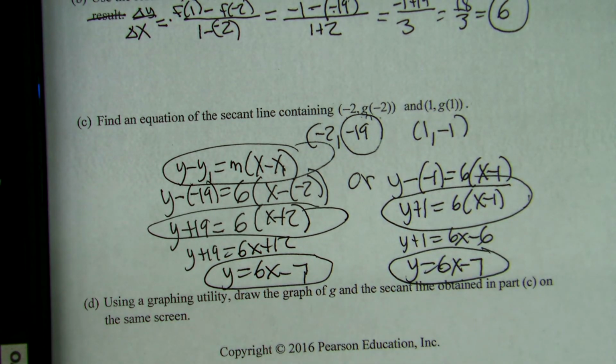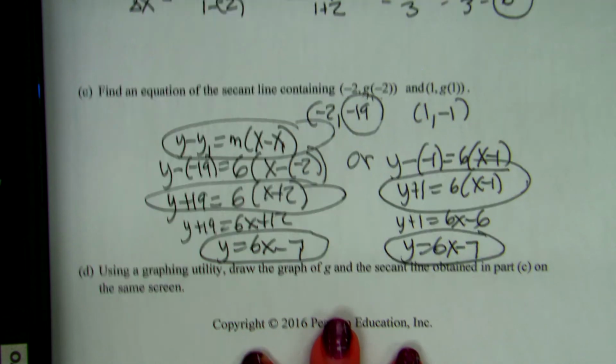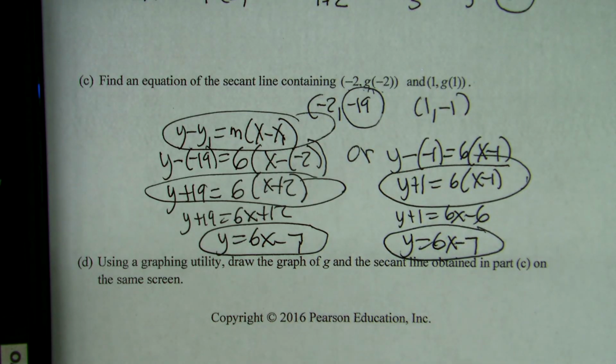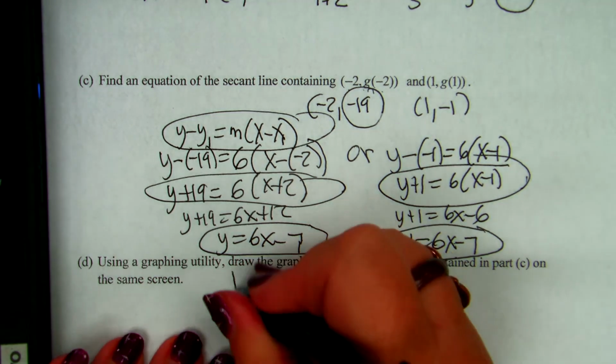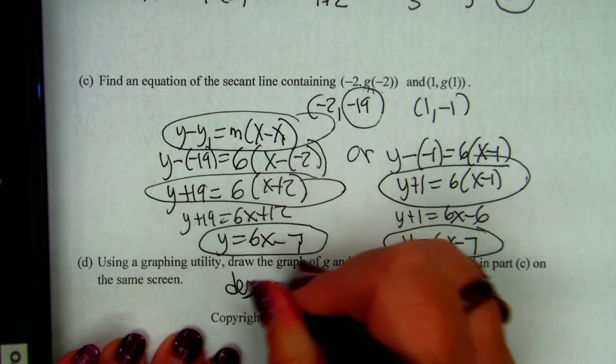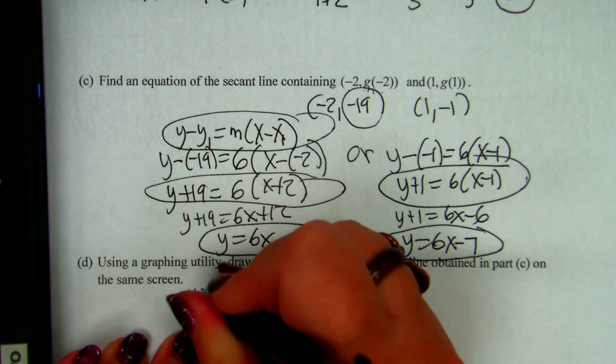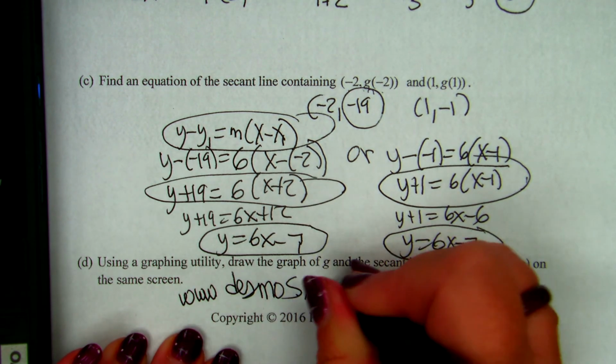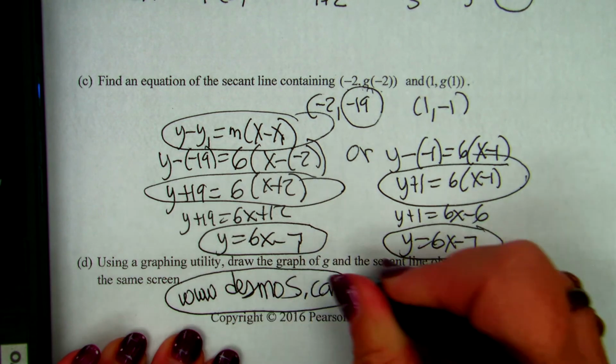So it says use a graphing utility, draw the graph of g and the secant line. So there's Desmos, www.desmos.com, where you can graph things like a graphing calculator.